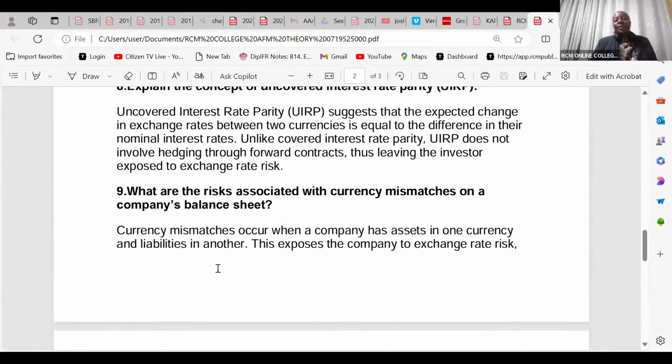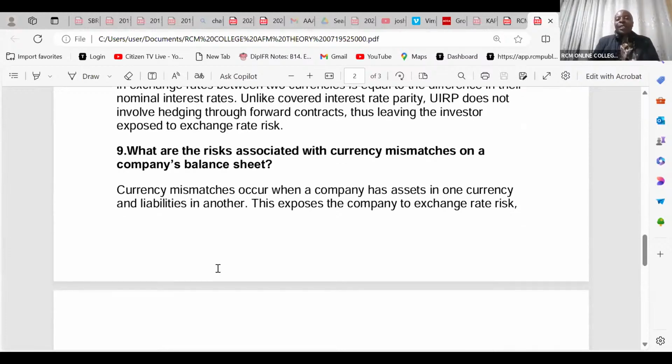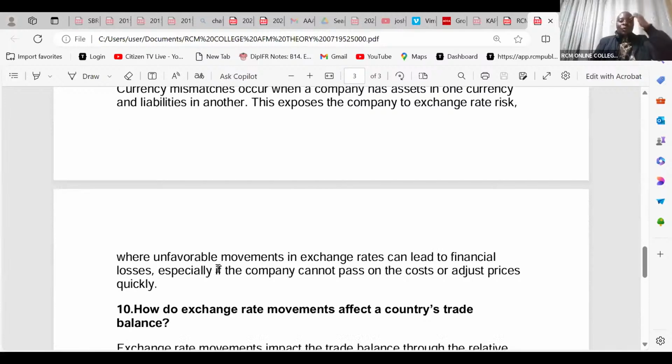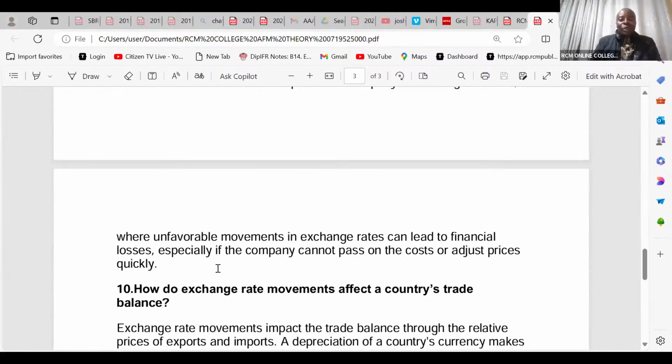So currency mismatches occur when a company has assets in one currency and liabilities in another. This exposes the company to exchange rate risk, where unfavorable movements in exchange rates can lead to financial losses, especially if the company cannot pass on the costs or adjust prices quickly.